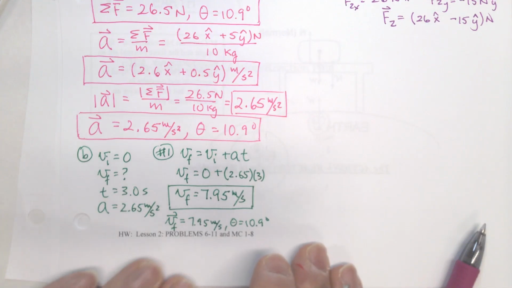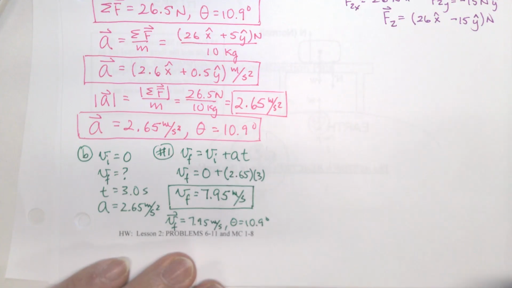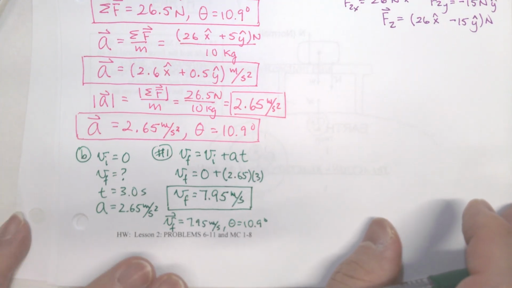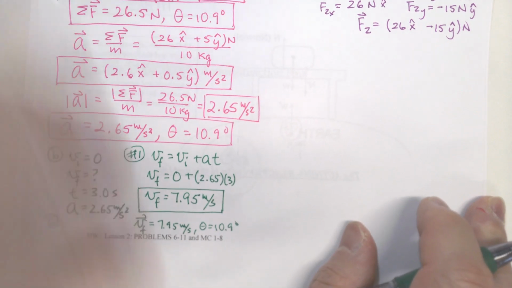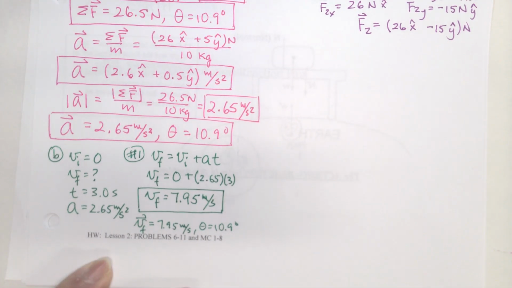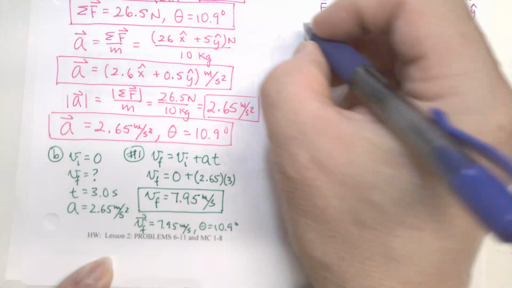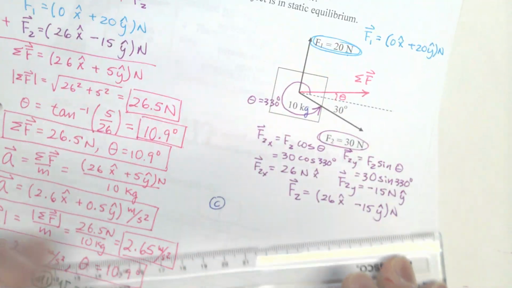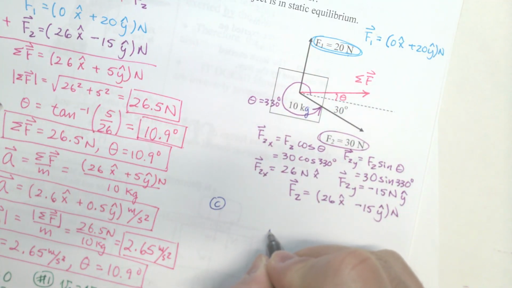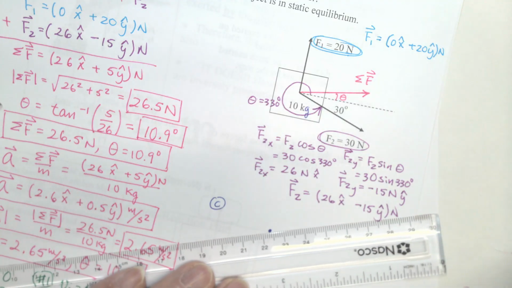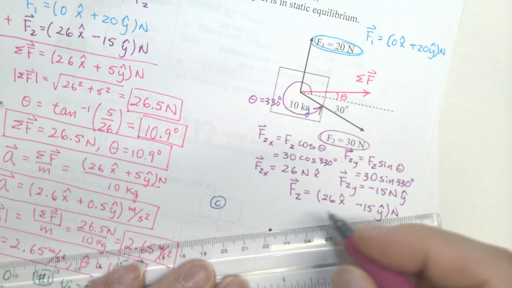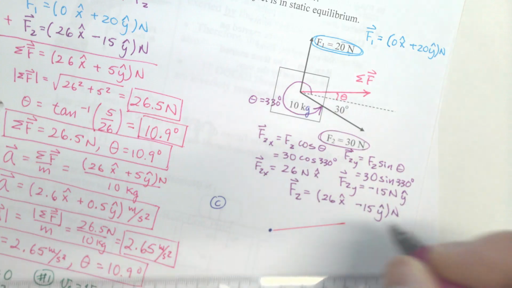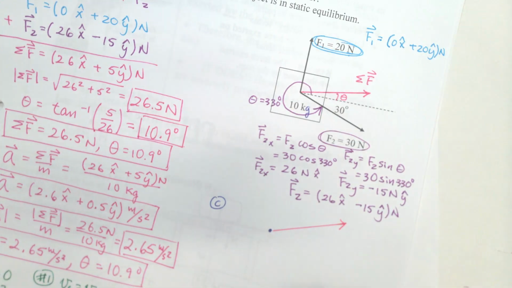What about part C? Part C asks, find the third force needed so the object is in static equilibrium. We did something like this already. So for part C, here's the center of the object. We know my net force is going in this way, right? That's my net force.